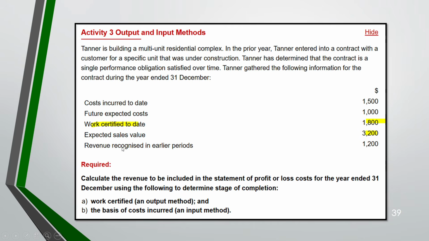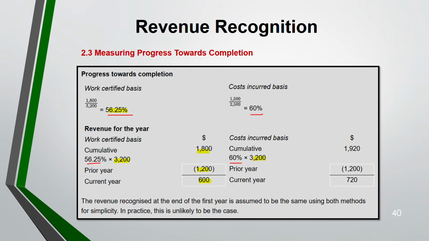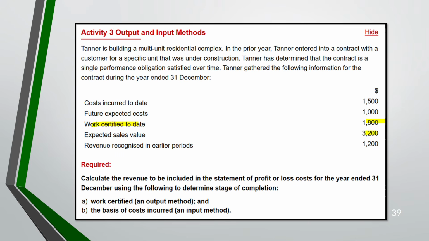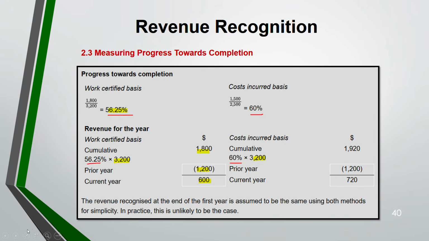So revenue recognized in earlier periods is 1,200. So here also you take 1,200 prior year revenue, and here also 1,200 prior year revenue. This is the percentage you multiply into the sales value, and here also, and you get the sales. So the current year it is 720.